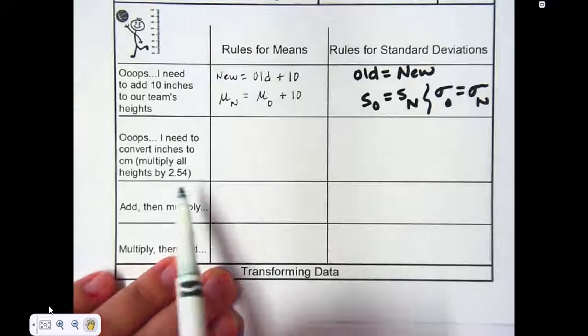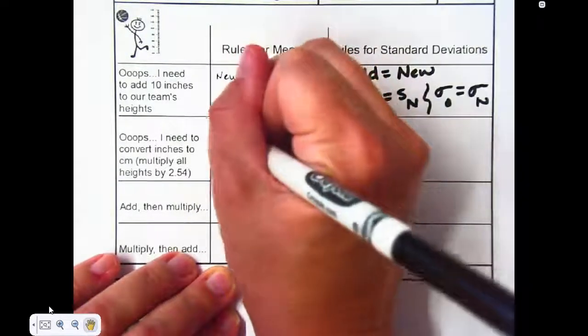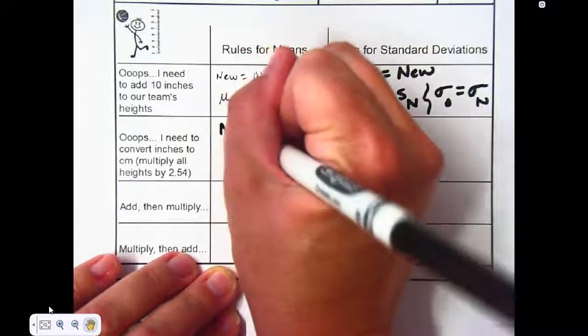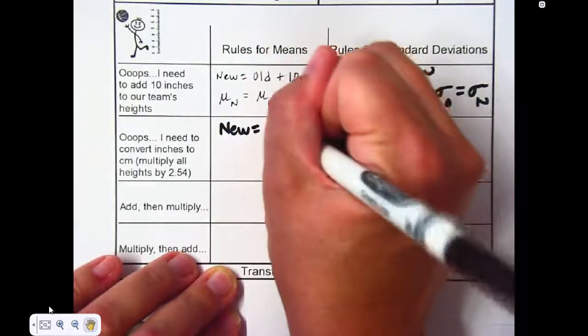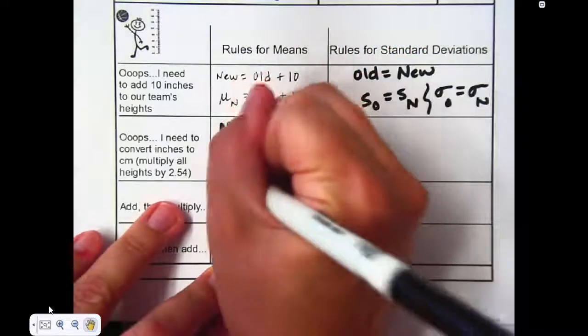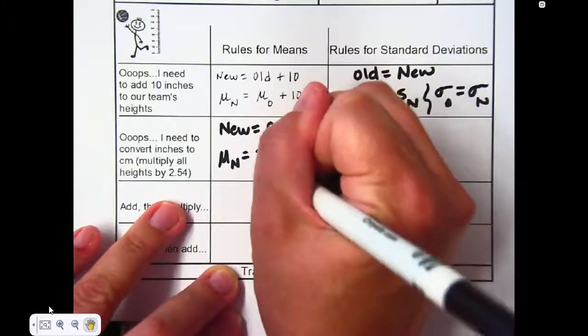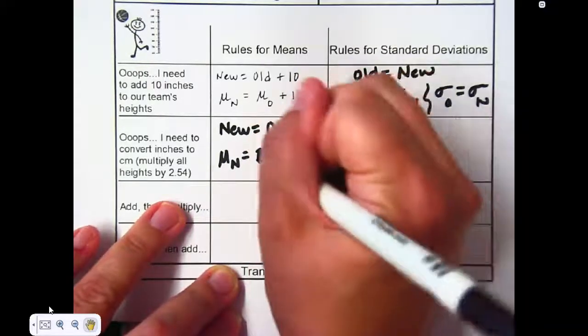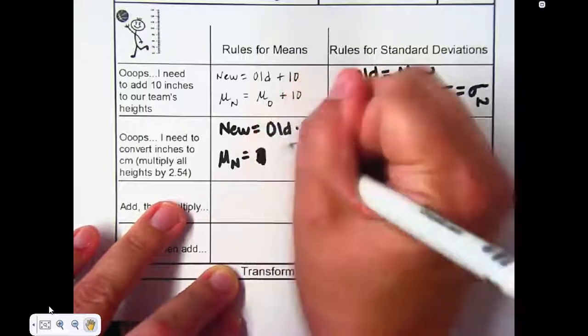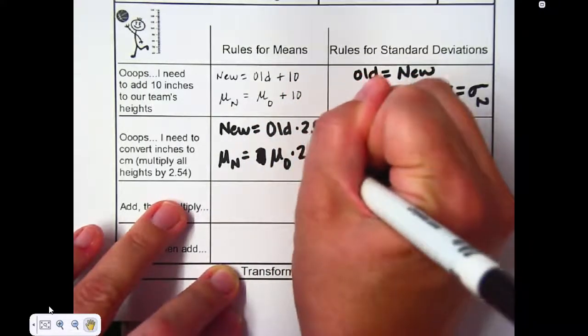So what would happen here is my new mean would equal the old times 2.54. That's going to be our old mean times 2.54.